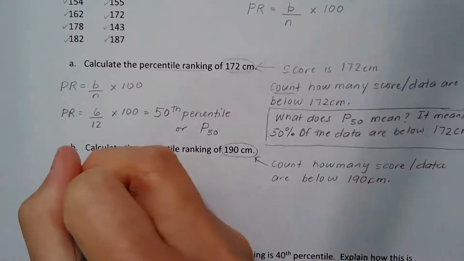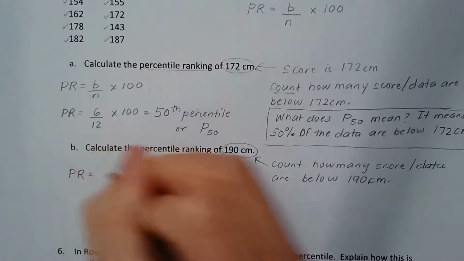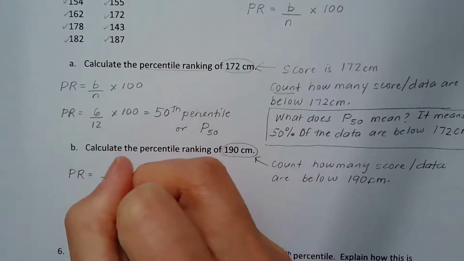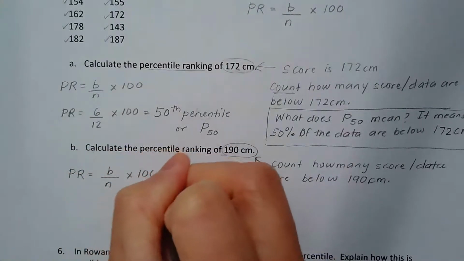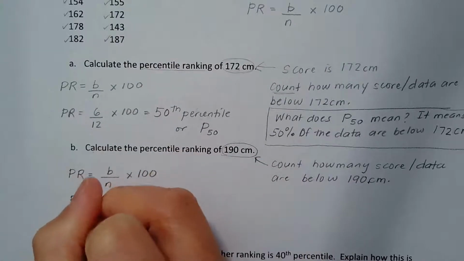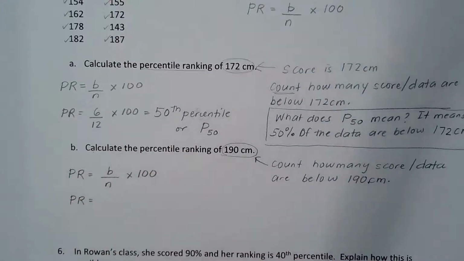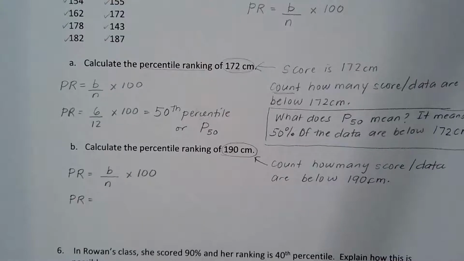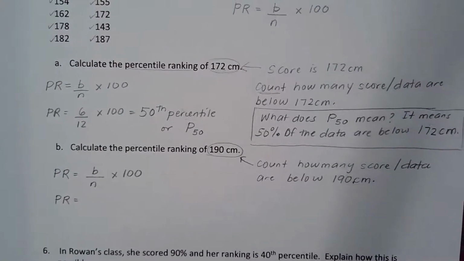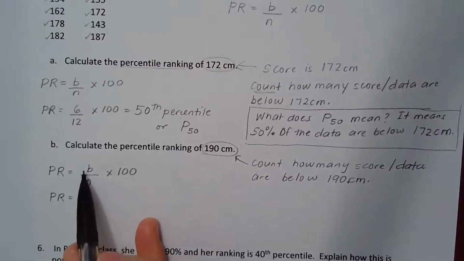So let's do percentile ranking. PR equals B over N times 100. So I start off with the formula. How many are below?